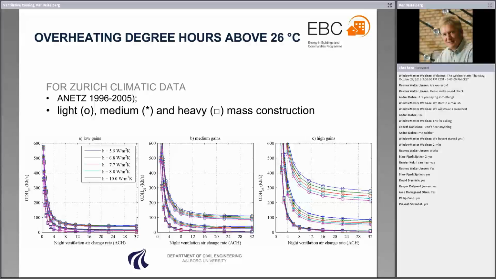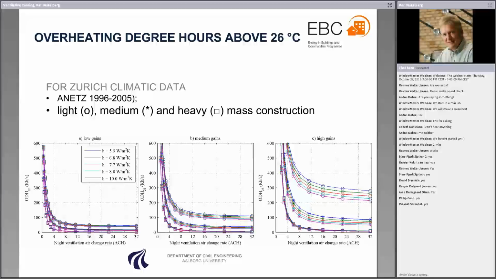And you can see if you have very low heat gains in the building, then maybe around 4 air changes per hour will be necessary to have an efficient nighttime ventilation. If you have medium heat gains, then the necessary flow rate increases a little bit. Maybe you need something around 6 air changes per hour to get an efficient night cooling.